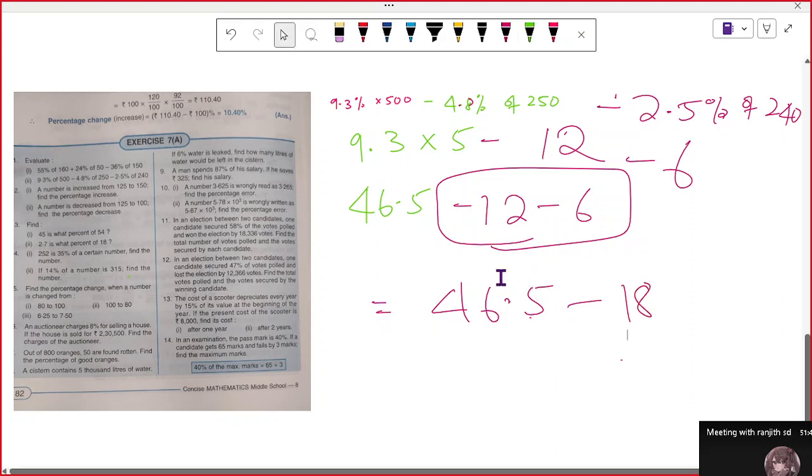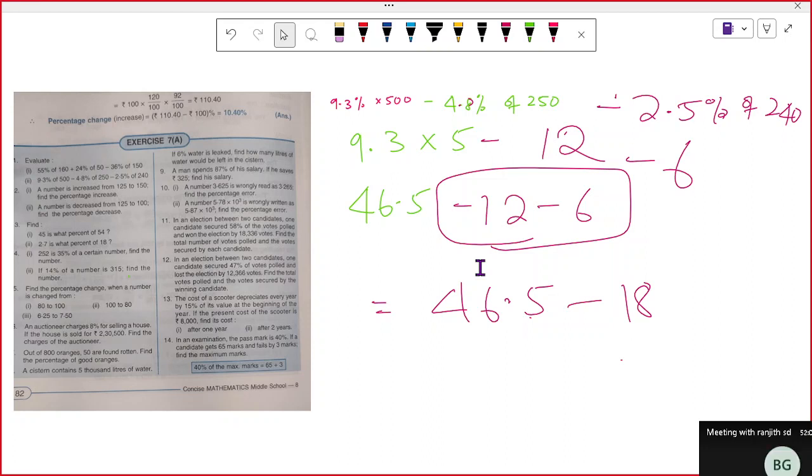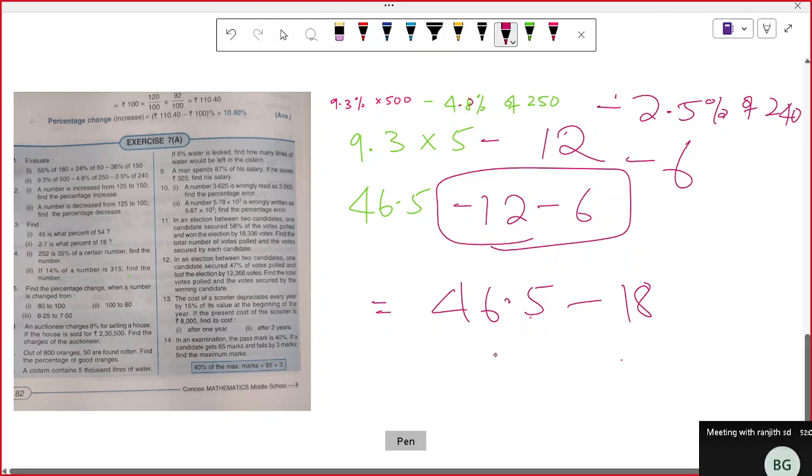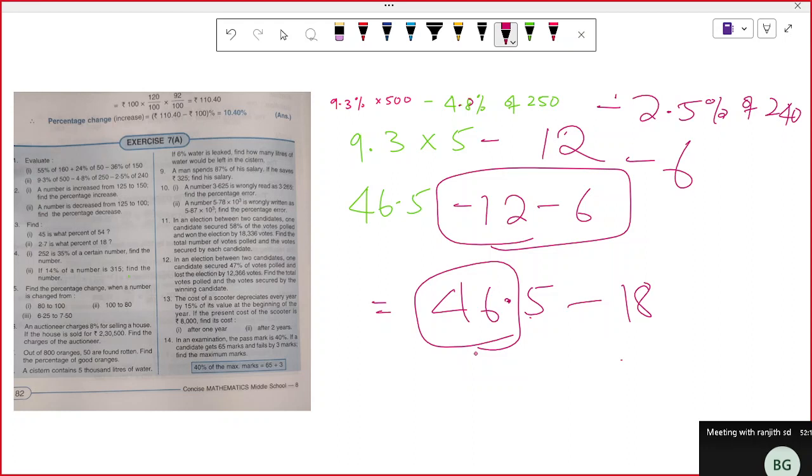Look, all these are fifth standard topics, students. Plus into minus rule: when you're calculating, use the sign which is written before the number. Minus into minus is plus. 46.5 minus 18: you are getting the wrong answer.